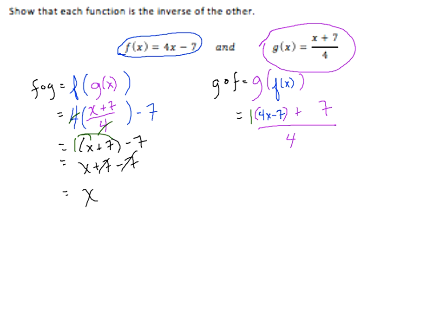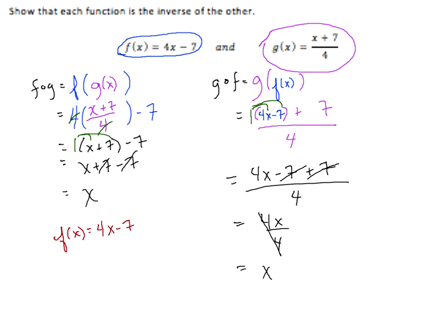Almost didn't leave myself enough room to write that in there. All right, so understood 1 gets distributed. So I have 4x minus 7 plus 7 over 4. I have opposites here. 4x divided by 4 leaves me with x. I have now verified that my functions are inverses of each other.